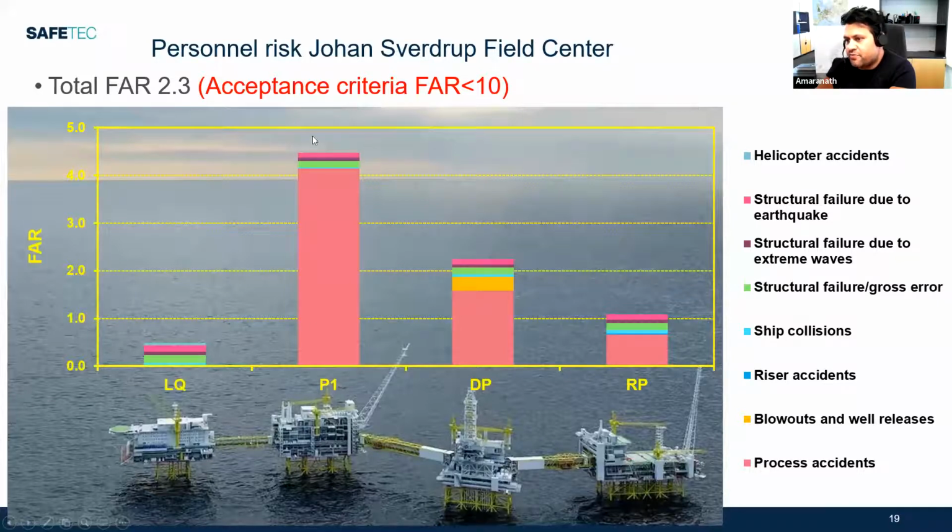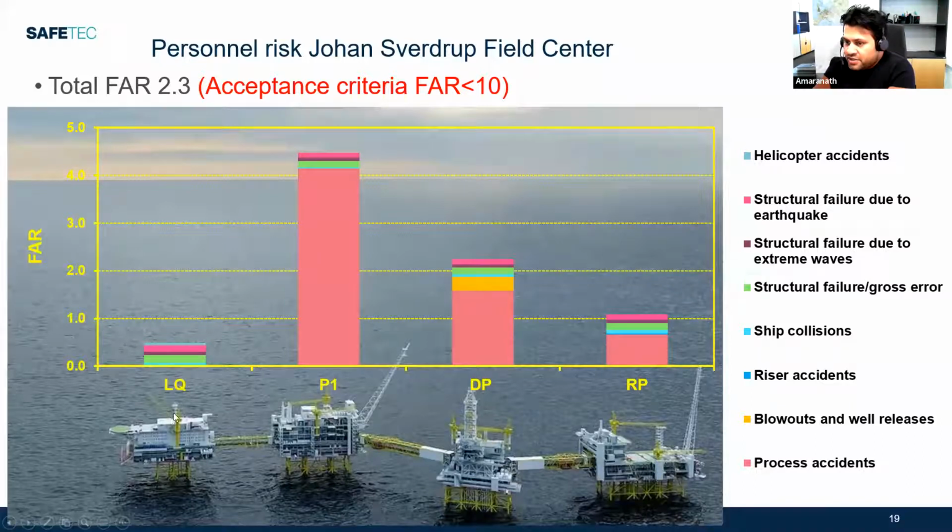You have a production platform with the highest risk level, and the living platform with the lowest risk level. The drilling platform has a certain risk because of the blowout accidents. But the riser platform, we have a modern design with the subsea isolation valve, which limits the duration of subsea leaks. So we have a lower risk level on the riser platform on our field center.